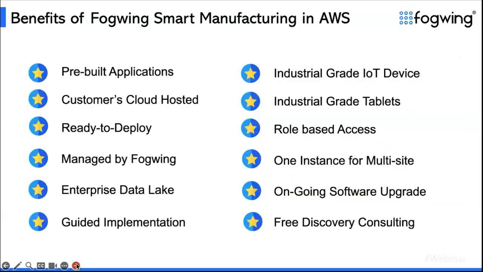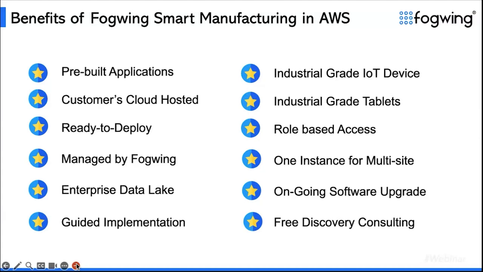So what will the customer get when we go for Fogwing Smart Manufacturing? Number one, you would have seen that before. Building this solution within AWS requires a lot of services, development and comprehensive workflow development using different services. And then of course, building the visual application is a complete development area.